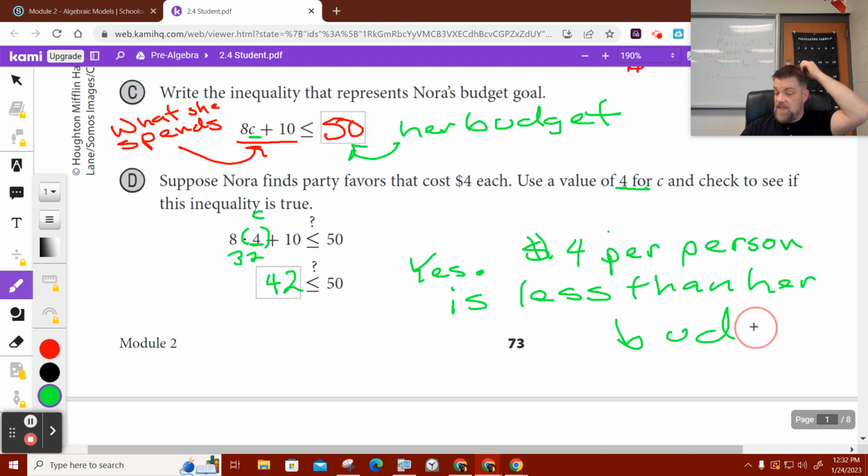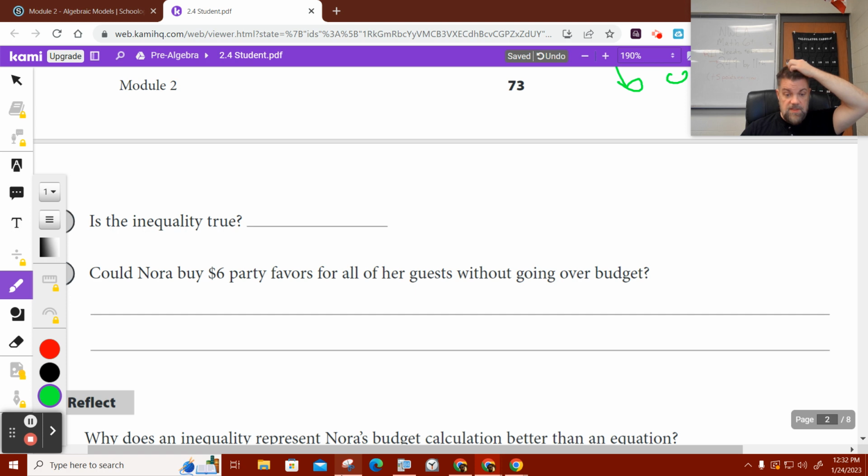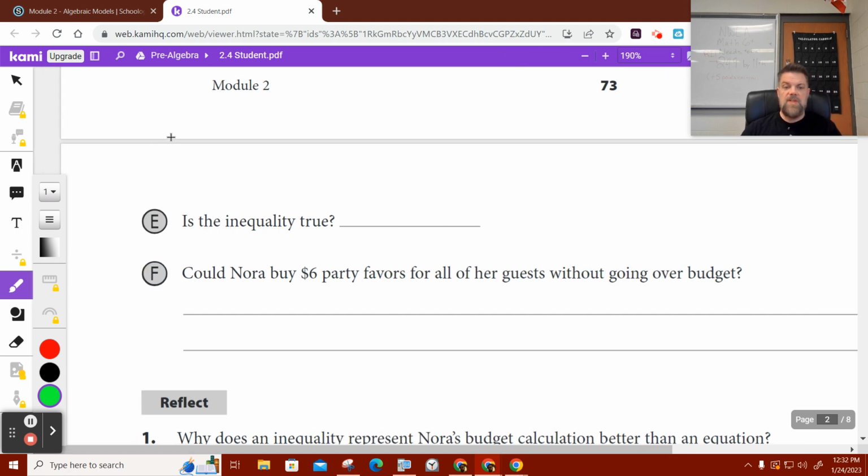Her budget was $50. She couldn't spend any more than $50. Okay? All right. So is the inequality true? Yes.